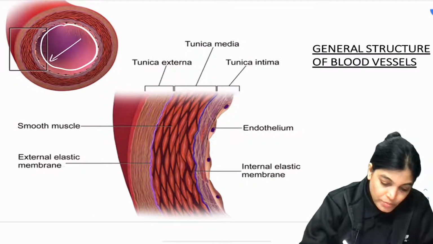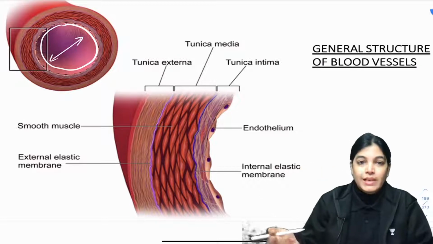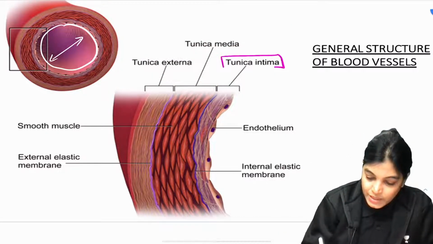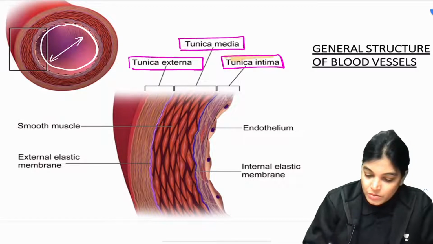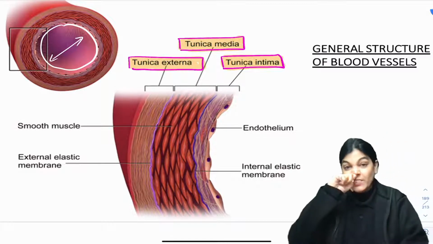This is the whole lumen of the blood vessel which you are seeing. Starting from inside to outside, the layers are: tunica intima is the innermost layer, the second layer is tunica media, and the outermost layer is tunica externa or tunica adventitia.